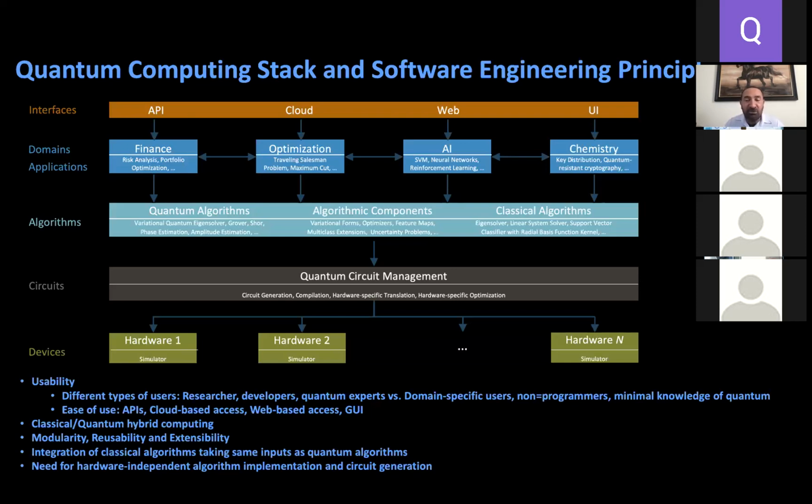A person working at the domain level, for example, may be a financial analyst. And this person says, for example, I don't care about quantum computing at all. I just want the best answer, the most correct answer in the shortest amount of time. I'm very happy to know that there is quantum computing running in the background, but I don't even want to learn quantum computing.